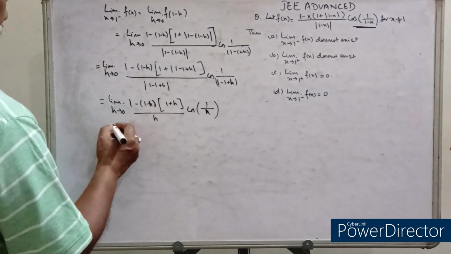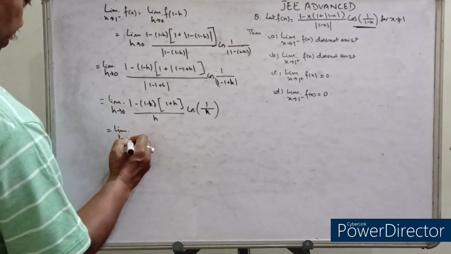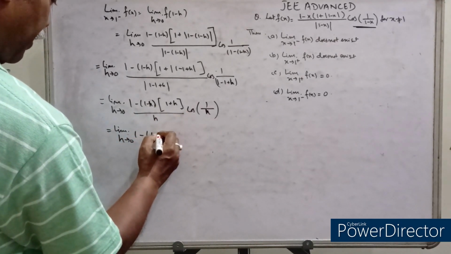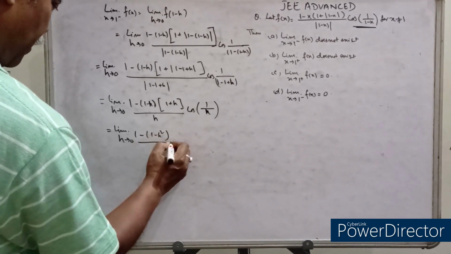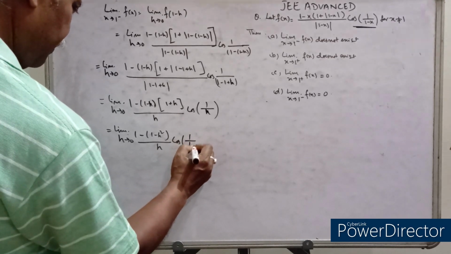Now this will be the limit h tends to 0 of (1 minus h)(1 plus h), a plus b into a minus b, a square minus b square, by h cos 1 by h.